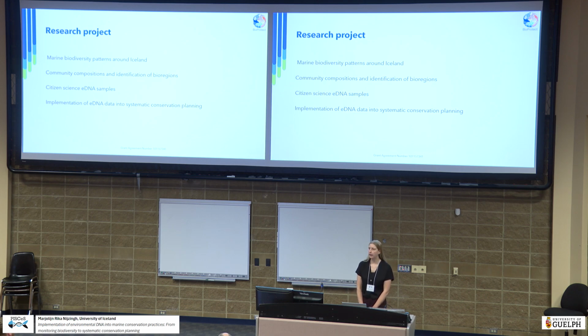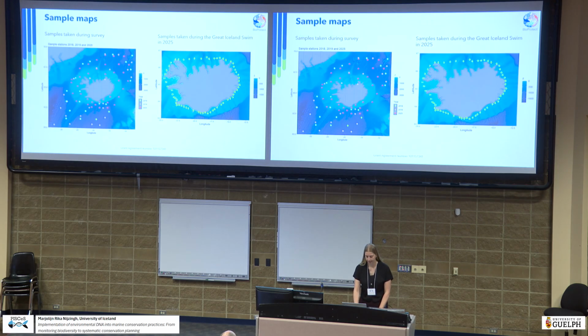How do community compositions differ around Iceland, and can distinct bioregions be identified? Then, can citizen science eDNA samples be compared to samples taken by scientists? And how can eDNA data be implemented into systematic conservation planning?